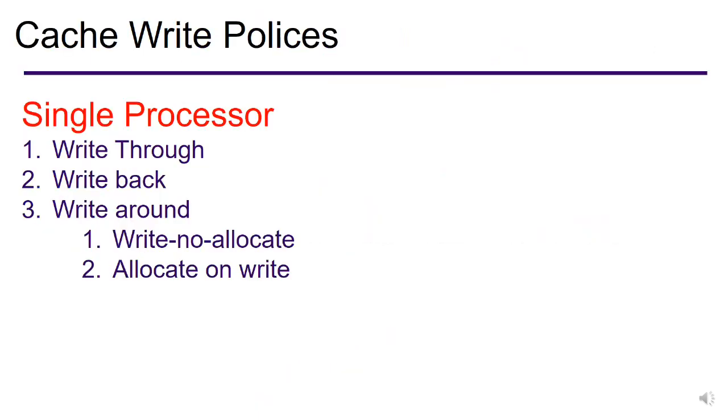First is the simple one, write through. We know that we have a cache and a processor. This is the processor, the CPU, this is the cache, and this is the main memory. Suppose a line from main memory is copied to the cache, and the processor wants to update it.